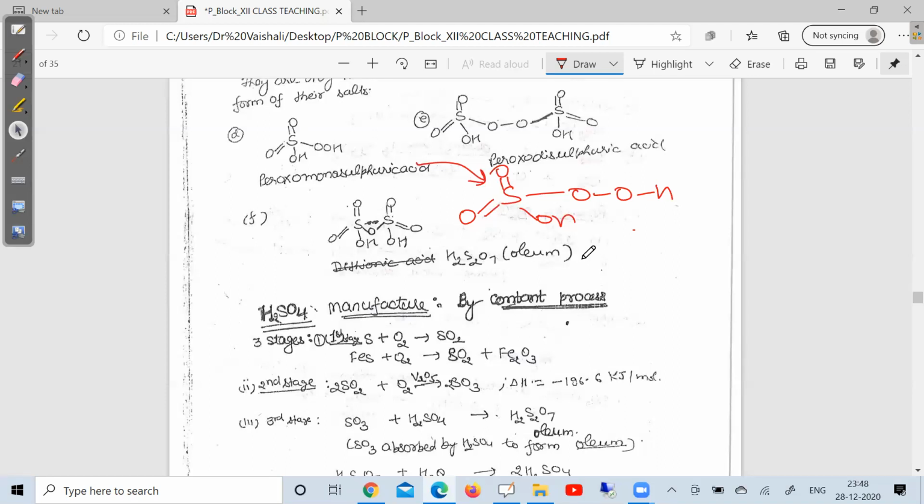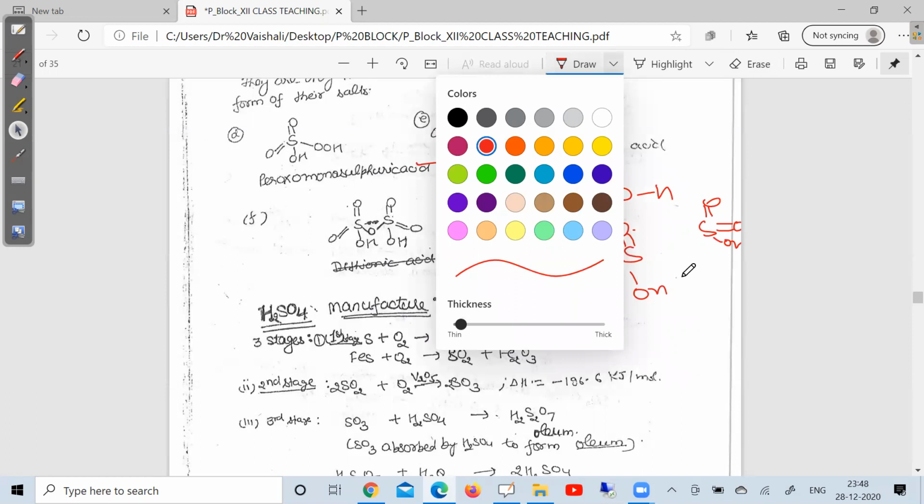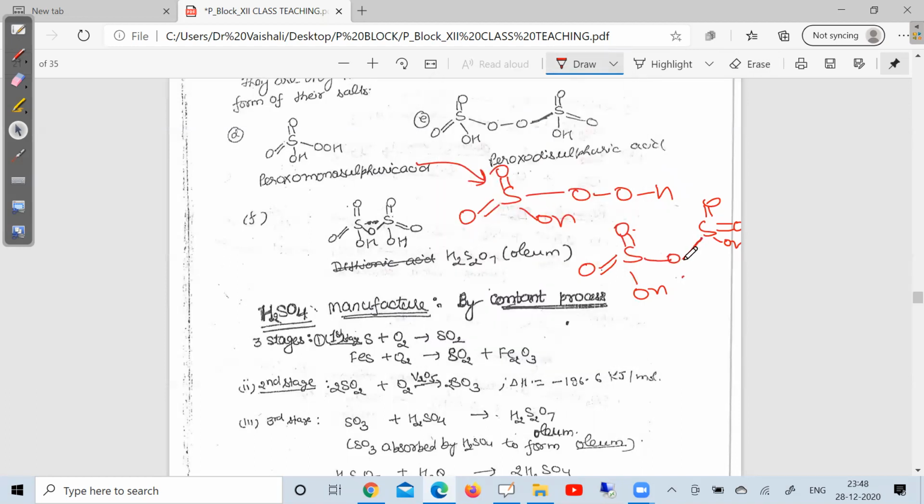Okay, how to draw the oleum? Oleum is a dehydrated form of sulfuric acid, like this. OH, again you can draw OH, double bond O, and these two sulfurs are bonded with oxygen.